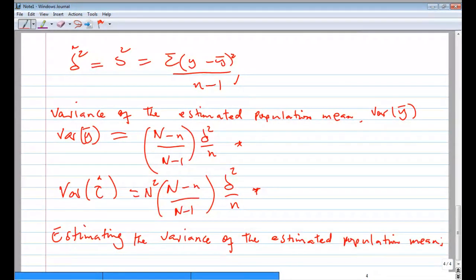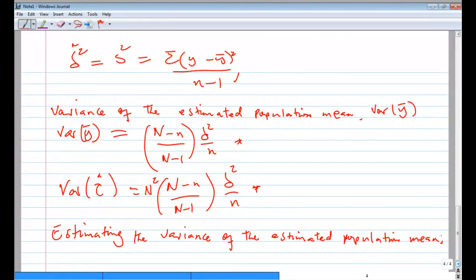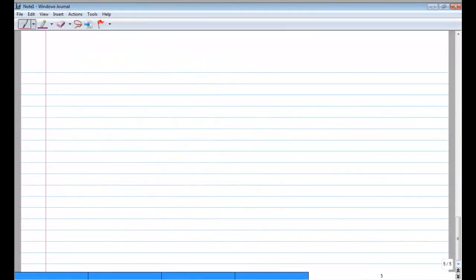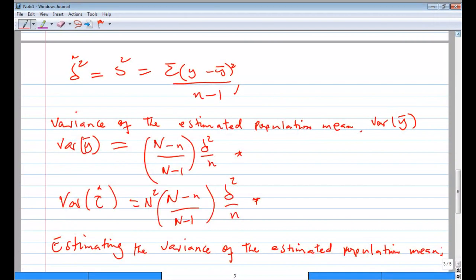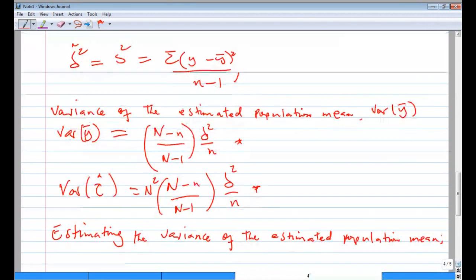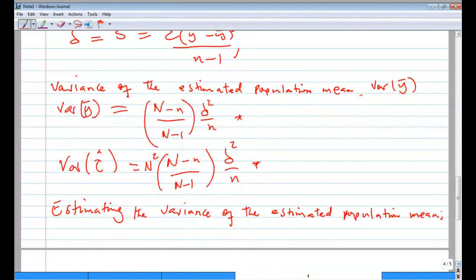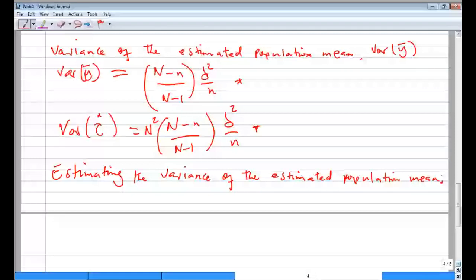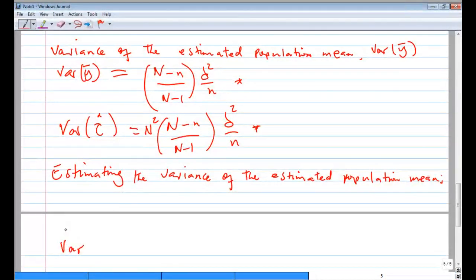it's written as var estimate, open brackets y bar. So what does this symbol represent?